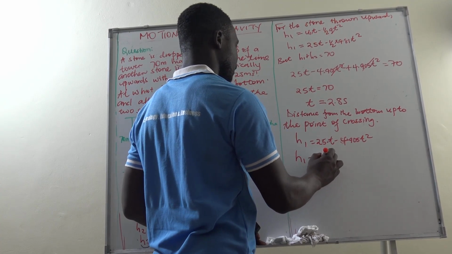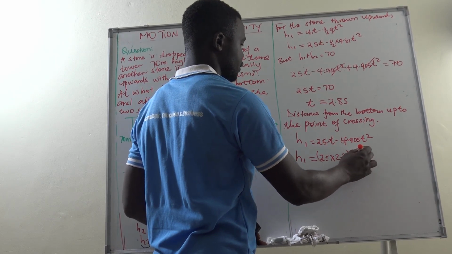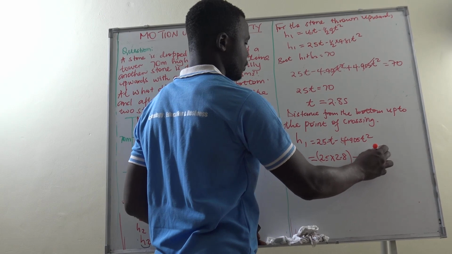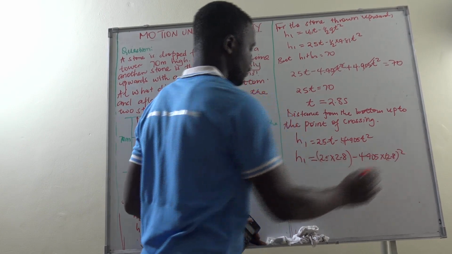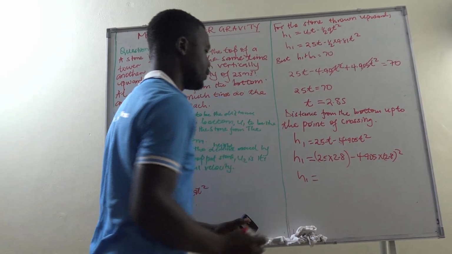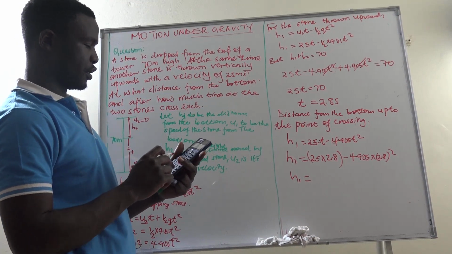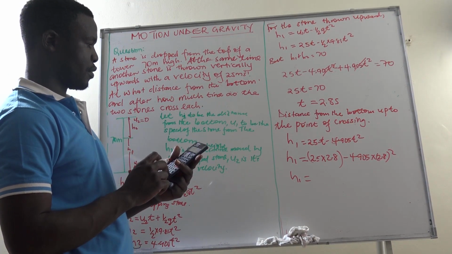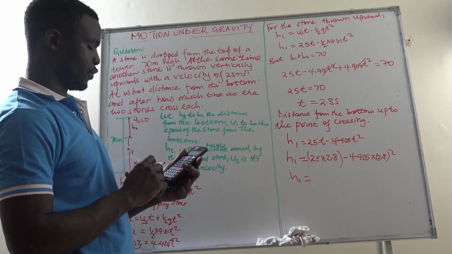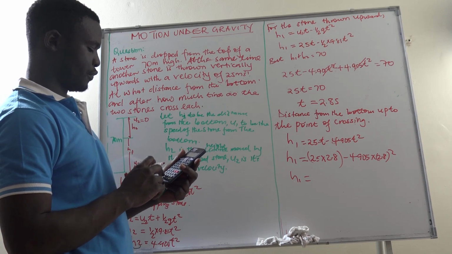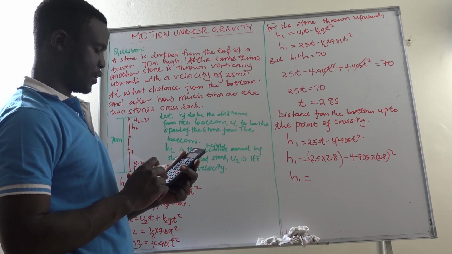But the good news is that we know the value of t. So we substitute for t and we get that height. So this is 25 times 2.8 minus 4.905 times 2.8 squared.